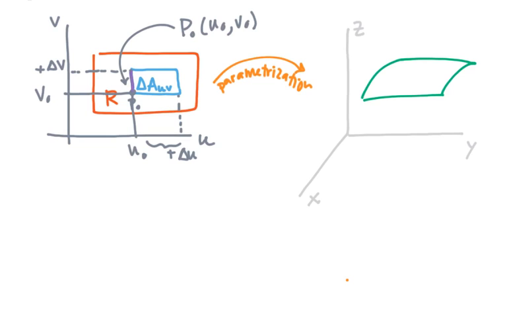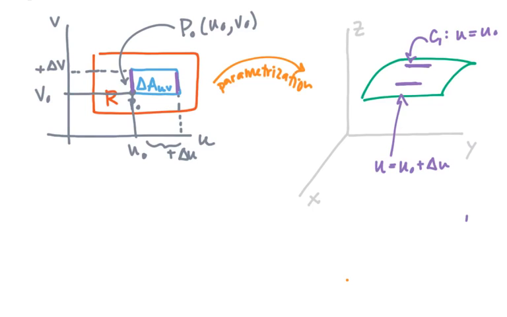So mapping this line up here onto my surface, we'll call that C sub 1, or path 1, which would be U equals U naught, and then further away from the y-axis, we will end up with U equals U sub naught plus some delta U value.